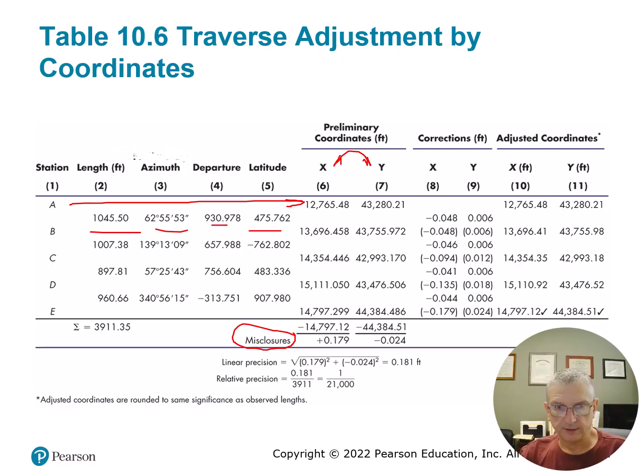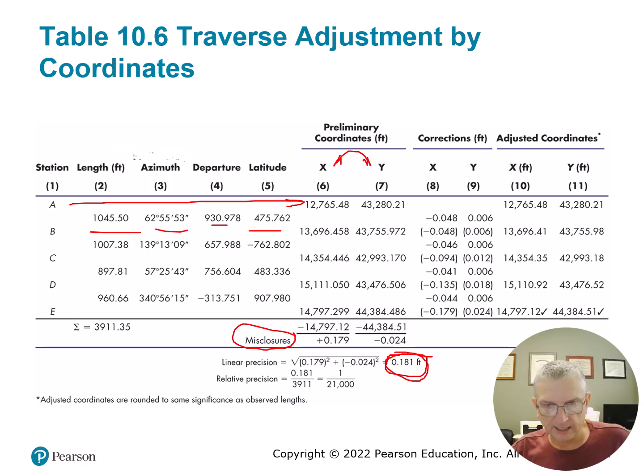They've got X and then Y. But your error in X or in easting is 0.179 feet, and the difference north is 0.024.